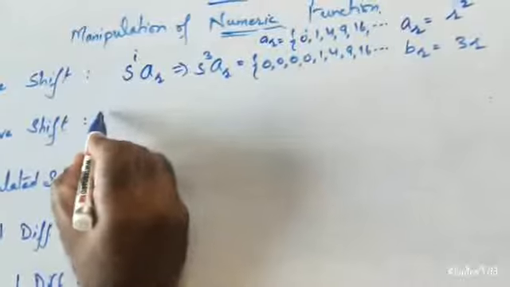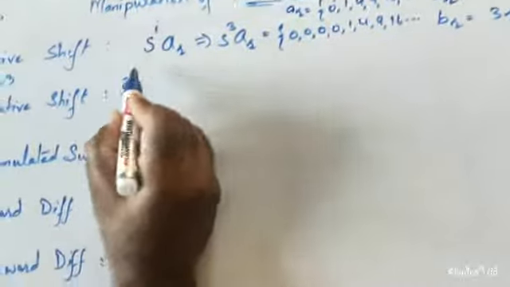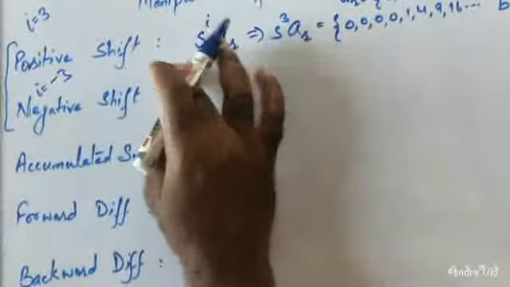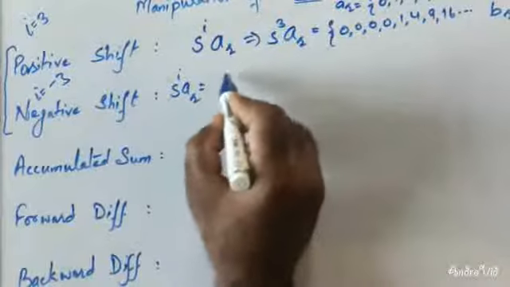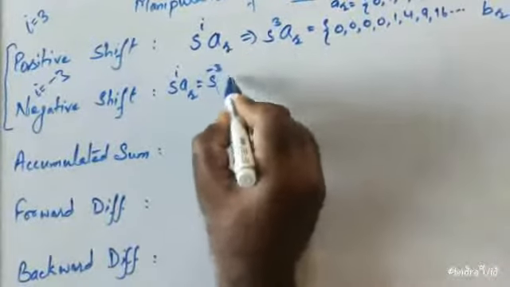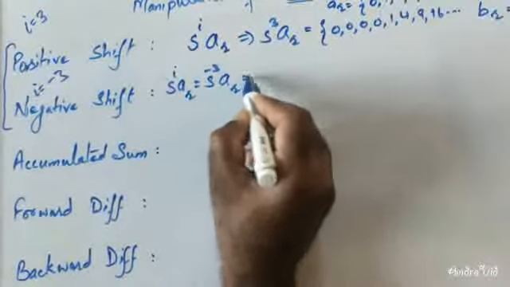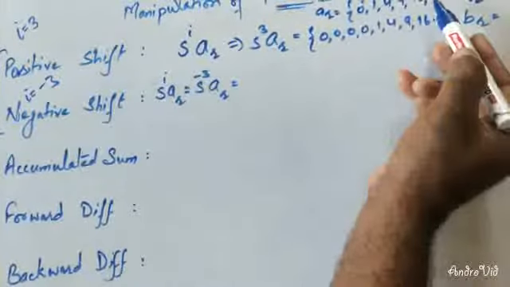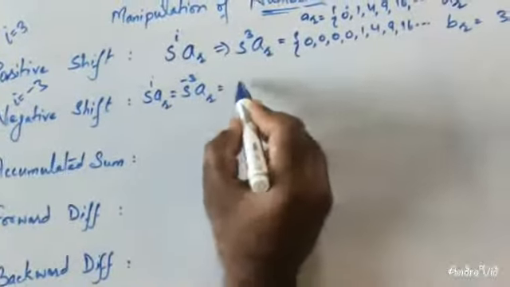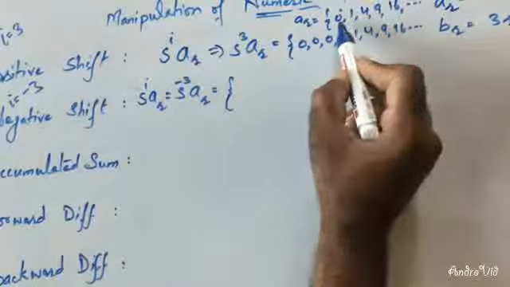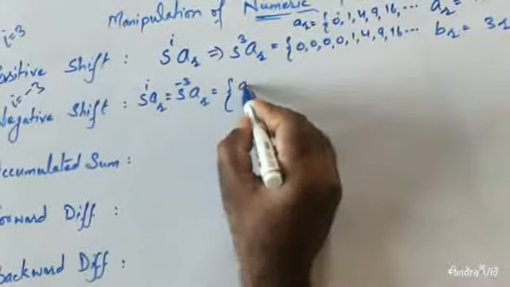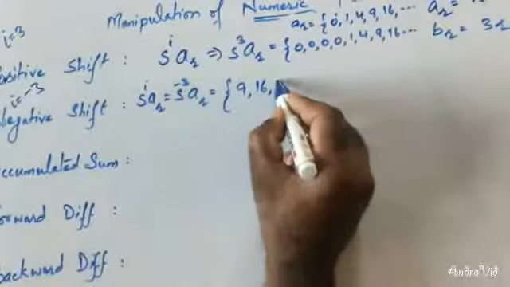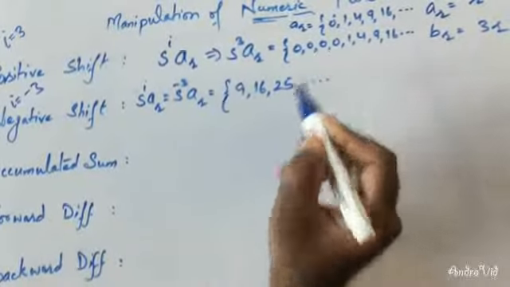In case of negative shift, we know that this particular i will be some negative number, so S minus 3 of a(r). In this case, the function will shift to the left side, so 3 values 0, 1 and 4 will be dropped and the function will start from 9, 16, 25 and so on.